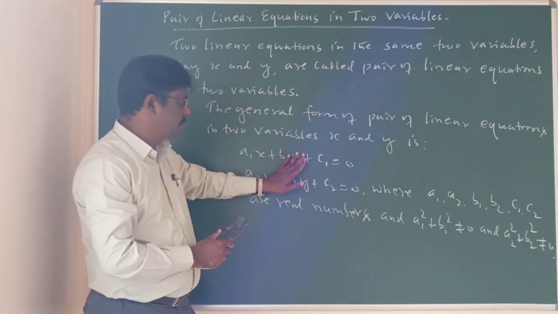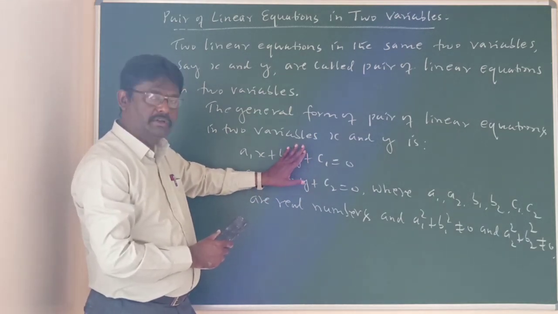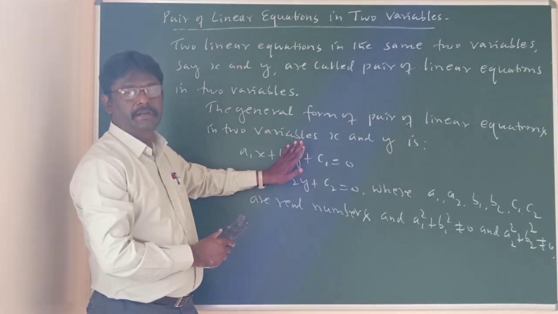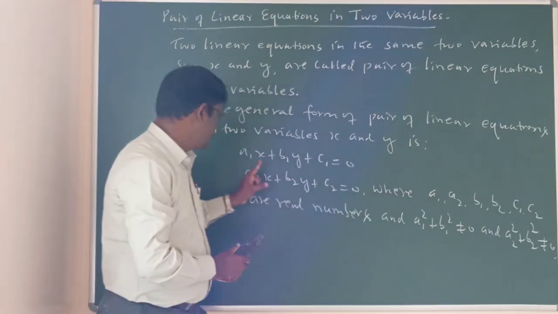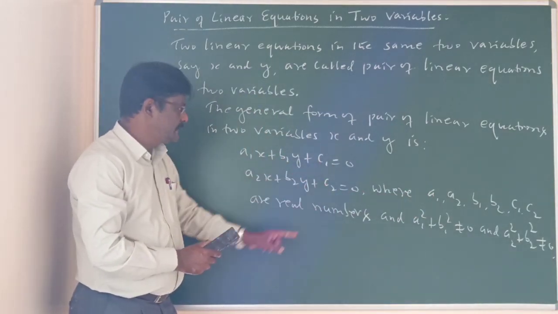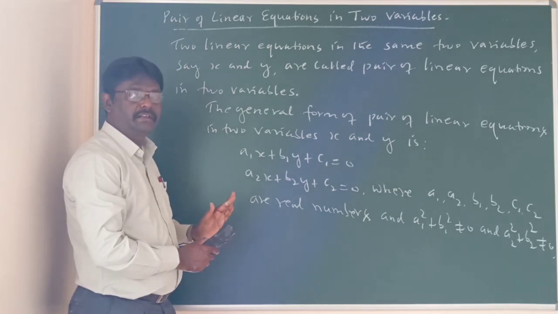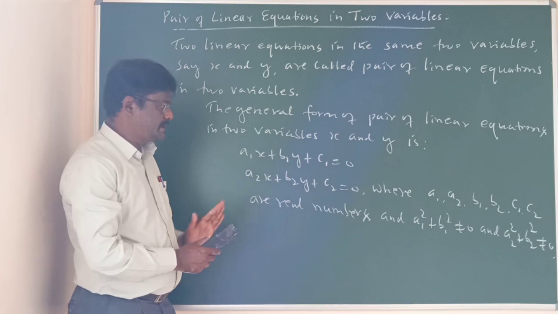This system we call a pair of linear equations. This is the standard, general form of a pair of linear equations, where a1, a2, b1, b2, c1, c2 are real constants, like 2x, 3y, 5.